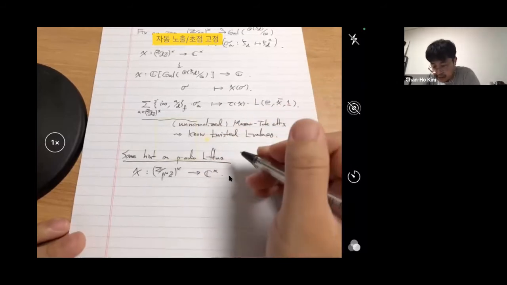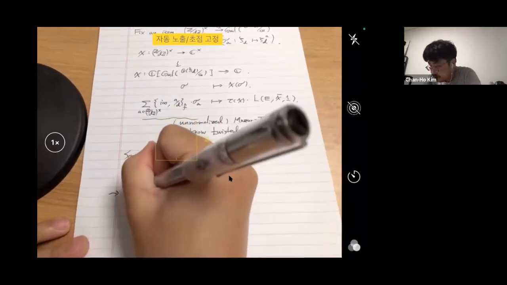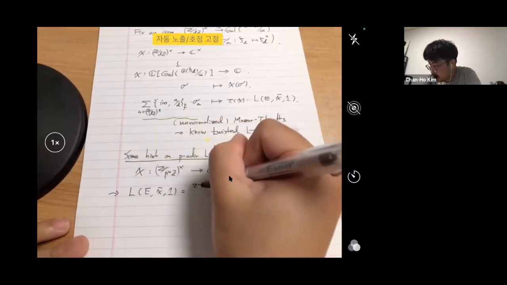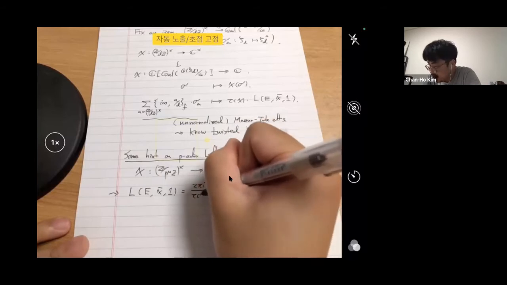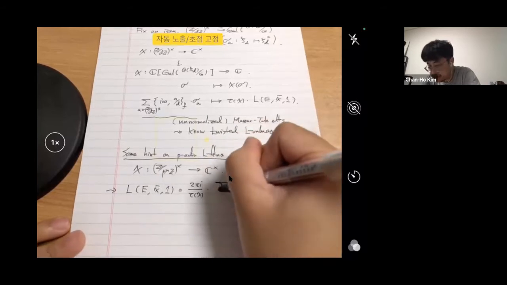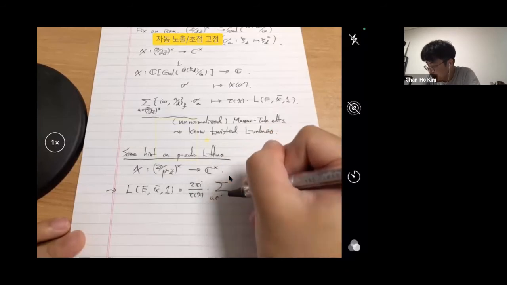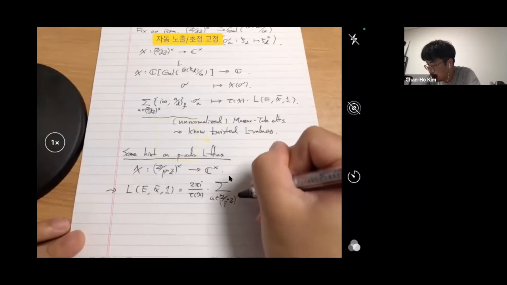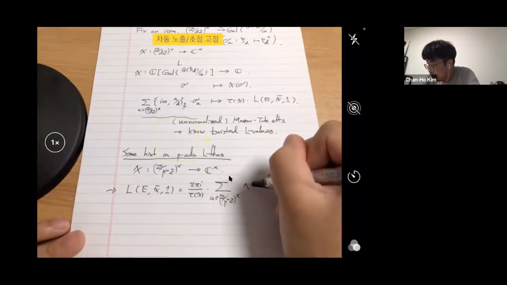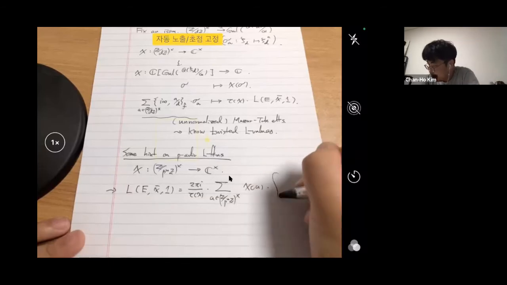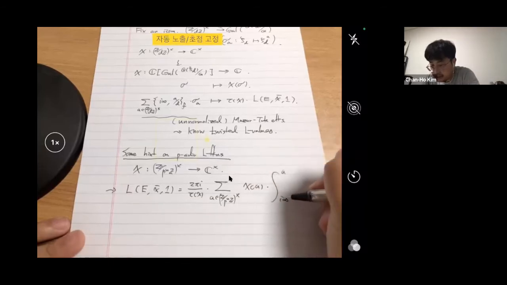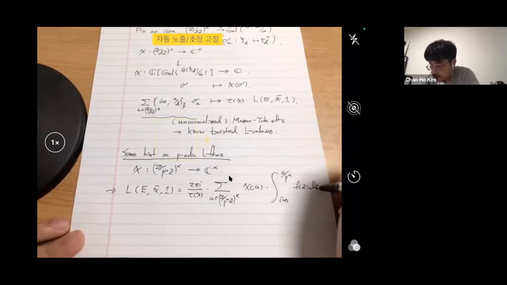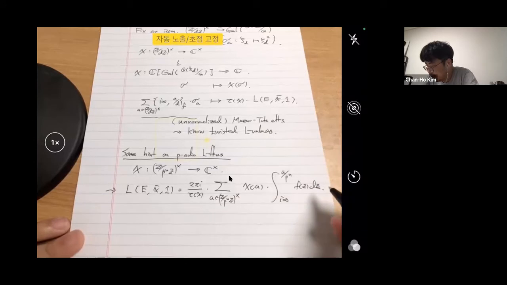Then L(f, chi bar, 1) is 2 pi i over tau(chi), the Gauss sum, times the sum over a in (Z/p^n Z)^× of chi(a) times the integral from i infinity to a over p^n of f(z) dz.